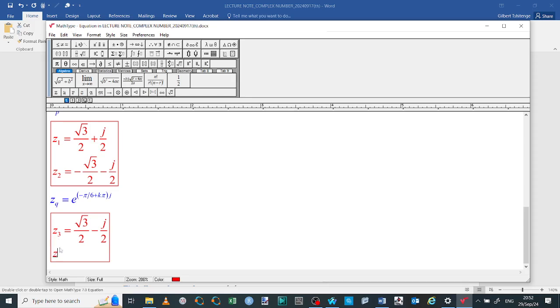Therefore z4 will be equal to minus that. Let's see, I can put this one, and then it will be equal to this quantity, and this one will be positive.